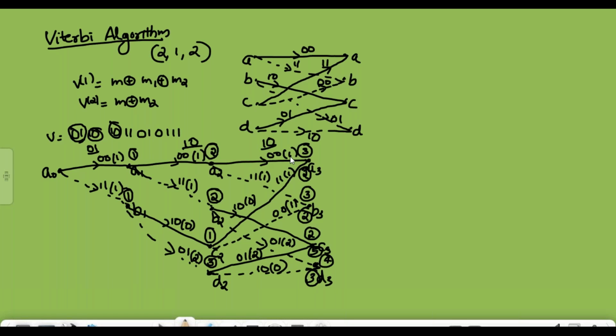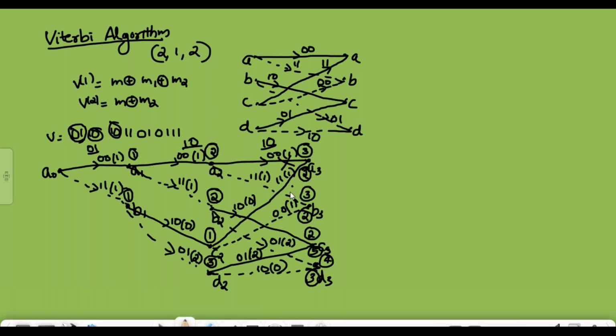Then 3 plus 2 here it is 5. Then at D3, 2 plus 2 is 4. At each node two paths are arriving. Here we continue with one path and avoid the other one, which has the higher metric.